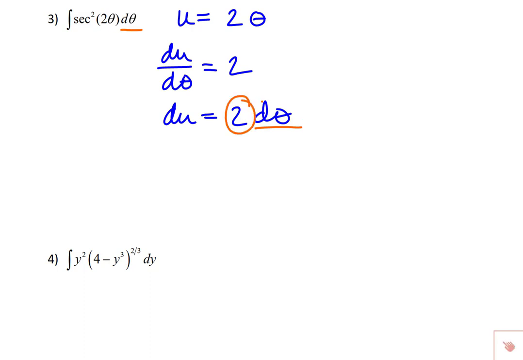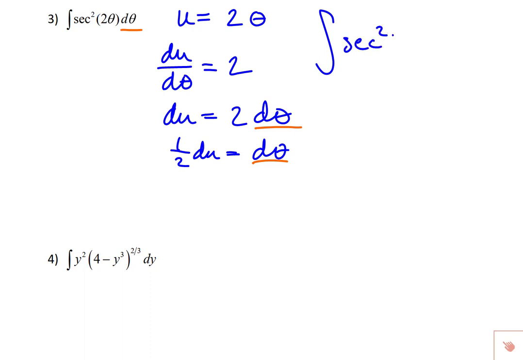Notice we don't have a 2, but remember, a constant can be accounted for pretty simply. If I just divide both sides of this du equation by 2, I'll end up with 1/2 du equals d theta. Of course, the d theta is going to get replaced, and so our new integral is going to be the integral of, now we have secant squared that's remaining there, hasn't been touched yet, but now it's secant squared of u, because that's what we let u equal, the 2 theta there.